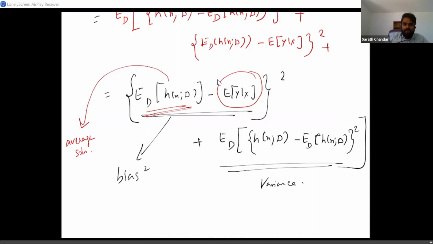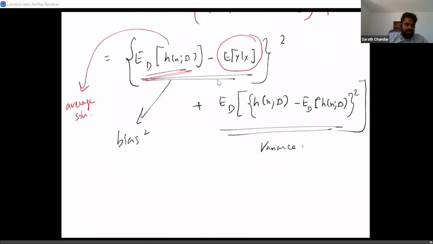Okay, so the difference between the optimal function and the average solution of your model is exactly the bias of the model. Because this model is biased, the average solution of this model is not going to be the same as the optimal solution. There is a gap, and this gap is captured by the bias. Now let's look at the variance term.